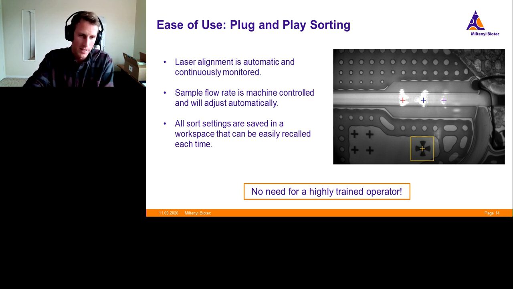I mentioned plug and play. Once you load the cartridge and put it into the Tyto system, it will automatically align for you. We have these marks in the microfluidics chip that allow it to align the laser spots. You see these 3 crosshairs, the red, blue, and violet, across the middle channel there. Those are the 3 laser spots.